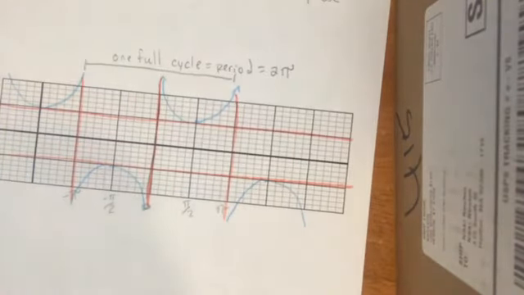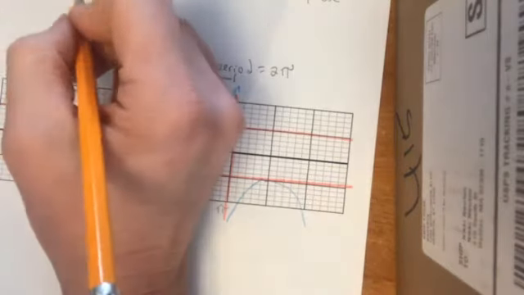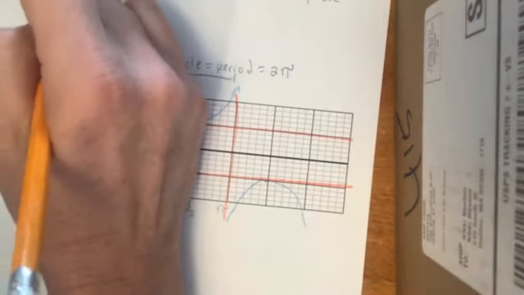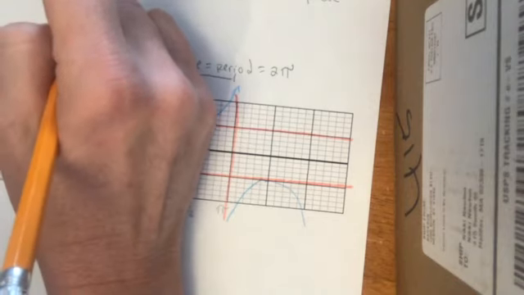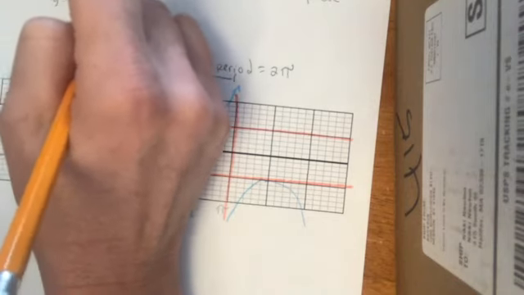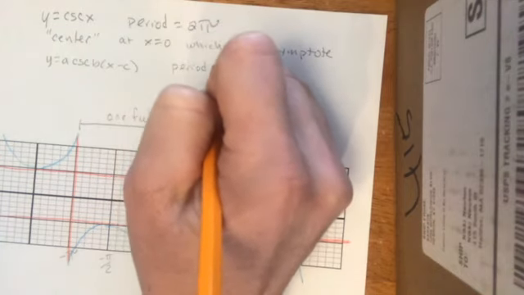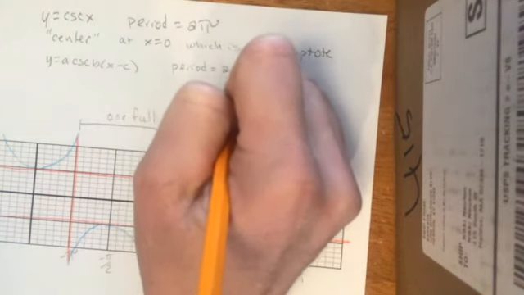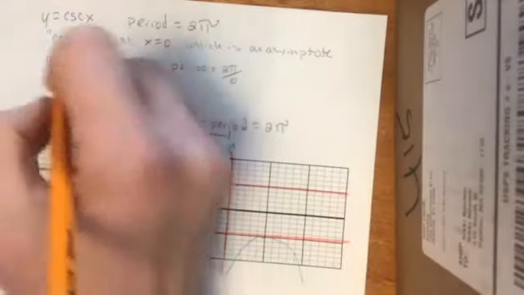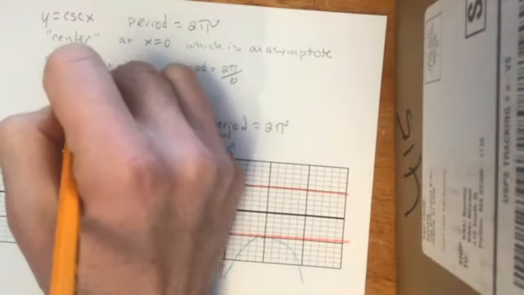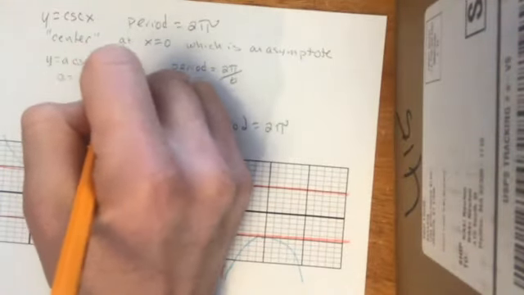So here's the other information that we need about cosecant. If I have a transformation, it's A cosecant B times x minus C, and we're not doing vertical transformations. So the period is equal to 2π/B. A moves the peaks.